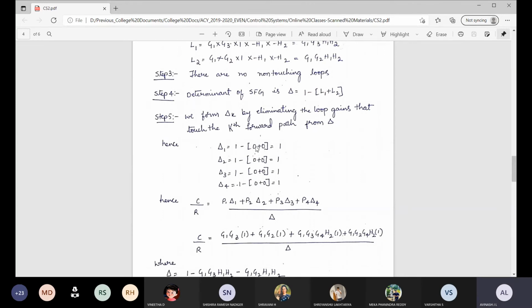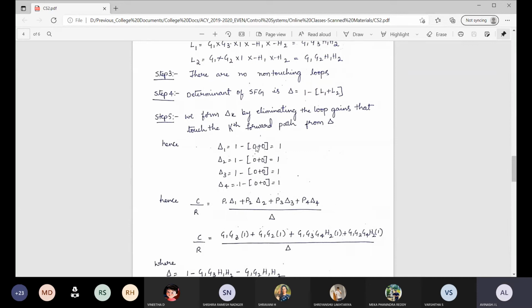So now here we need to eliminate the loops which touch the forward path. So you please make a note of this one.